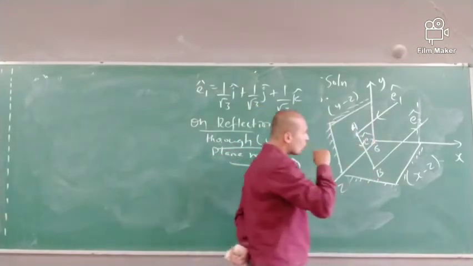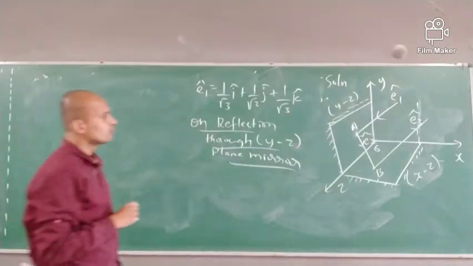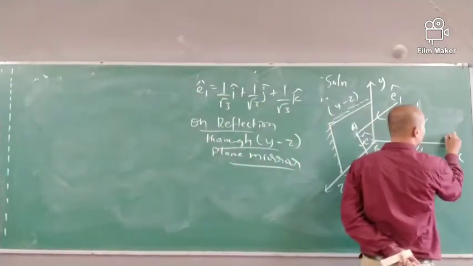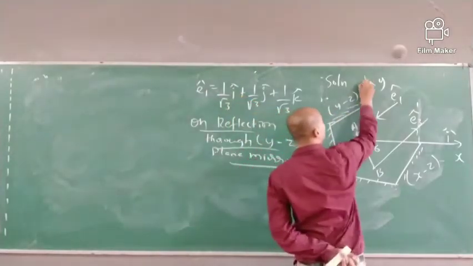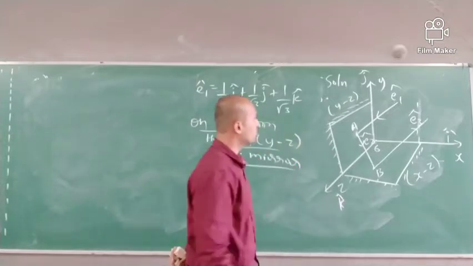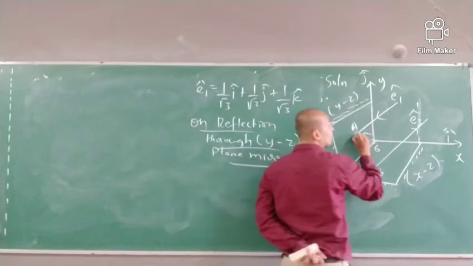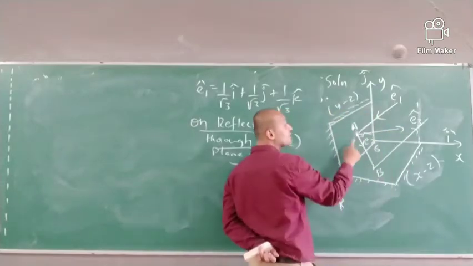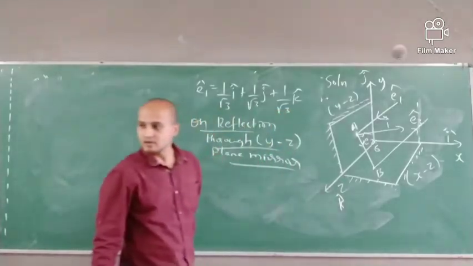See here, one more thing. What is this component? I cap component. What is this component? J cap component. What is this component? K cap component. Now look at this mirror. If I draw the normal to YZ, it is along I cap. Yes or no?